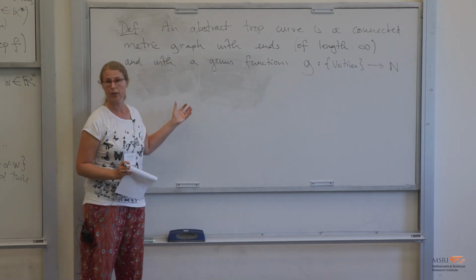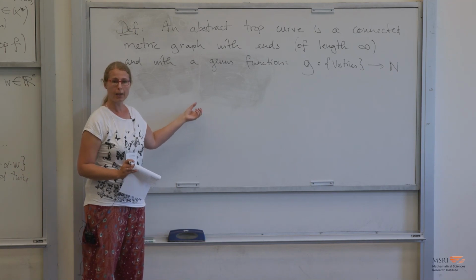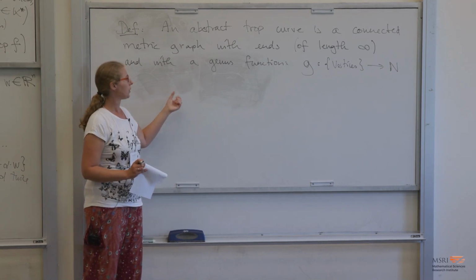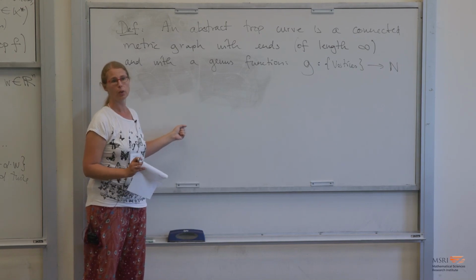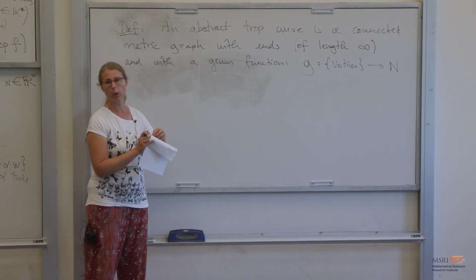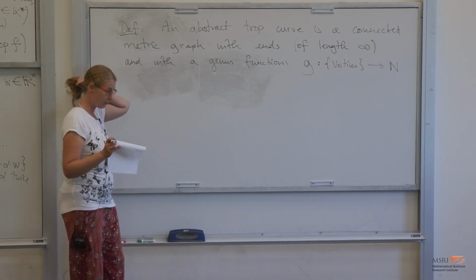Renzo has drawn these degeneration pictures where you bubble off Riemann surfaces, and then you draw just a dual graph. So you draw a vertex for each component and you draw an edge for each node where two components meet. Could also be a self-node, of course.